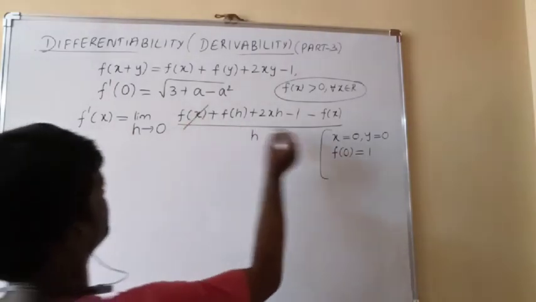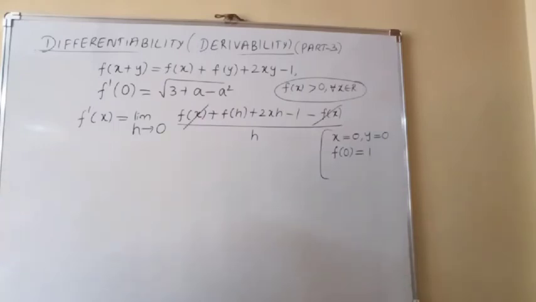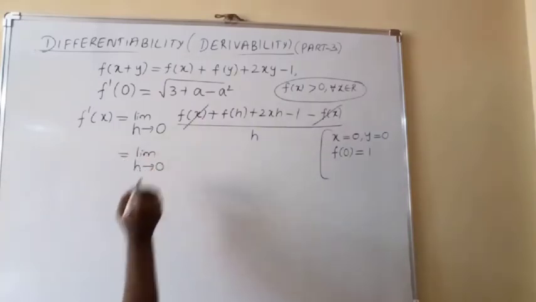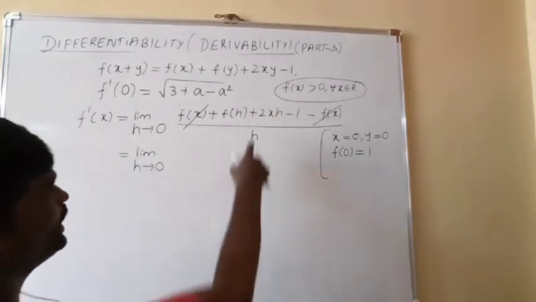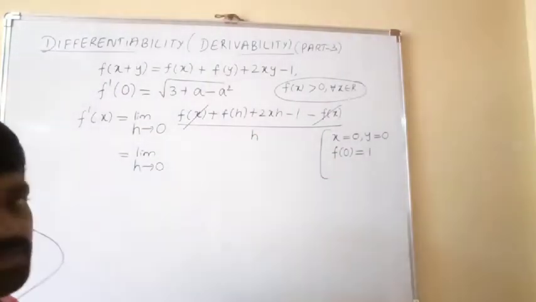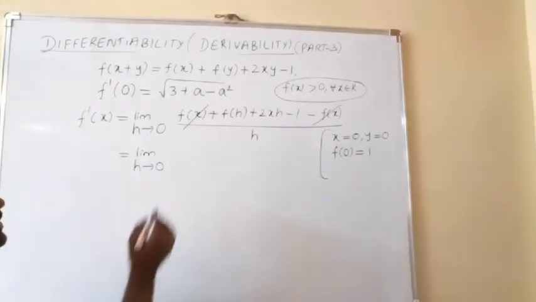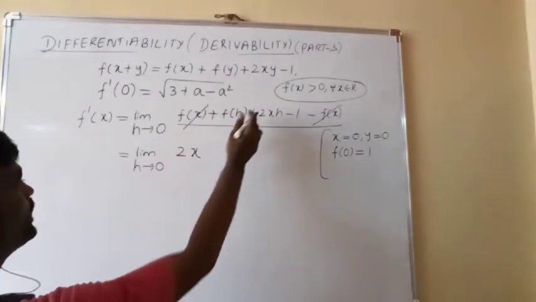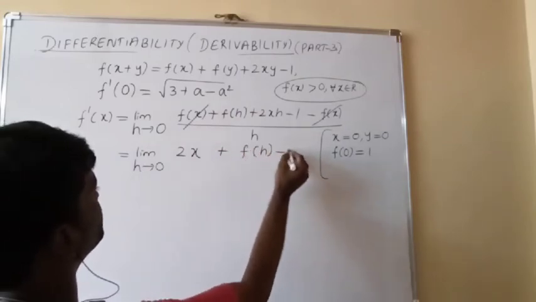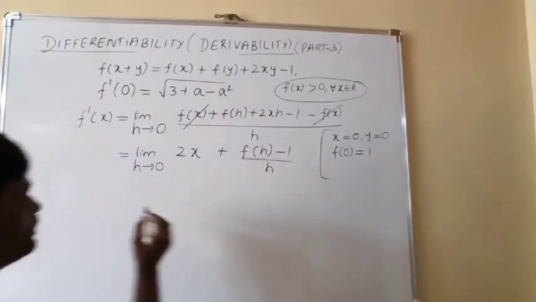Here plus f of x minus f of x both get cancelled. So limit h tends to 0. 2xh by h, the h's get cancelled, then the limit will exist. So better separate 2xh by h plus the remaining part, which is f of h minus 1 by h.